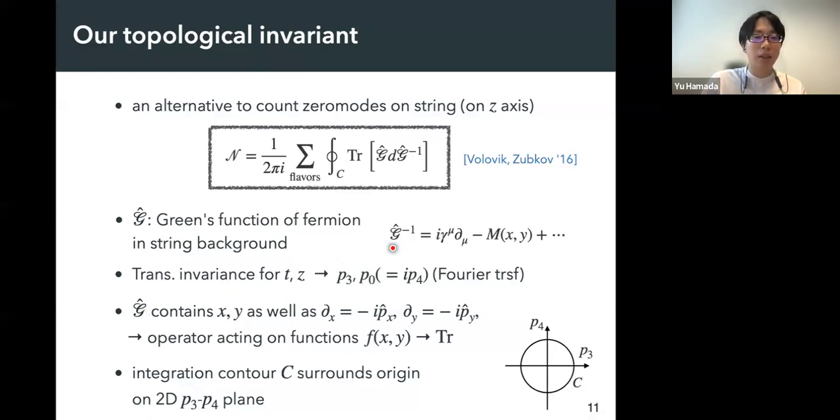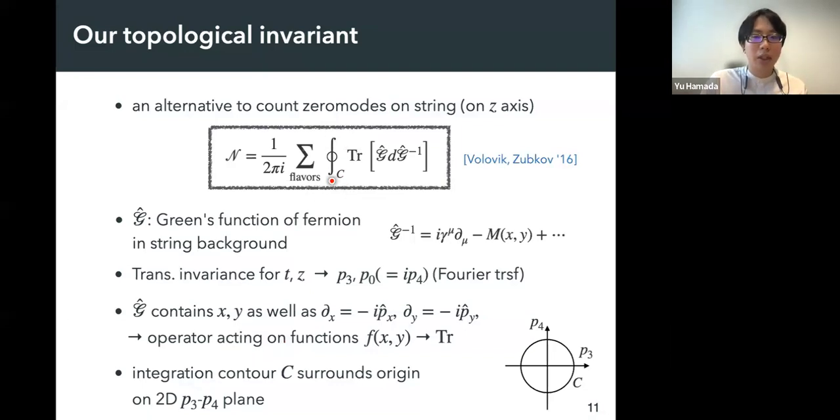So this Green's function Z contains x and y explicitly like this, and it also has spatial derivatives del x and del y. This means that this Green's function is an operator acting on some xy functions. And that's why we have a trace here. This trace is a trace on the functional space of the xy functions.